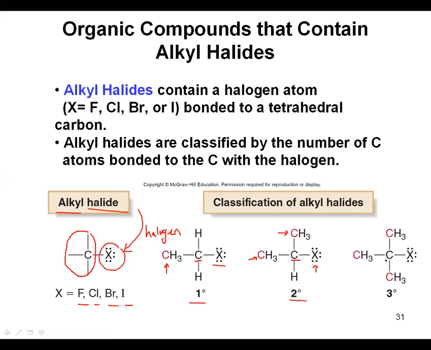And this carbon is attached to 3 carbons, which would make it a tertiary alkyl halide. So you can number alkyl halides, which again is just a fancy word for an alkane that has a halogen in place of a hydrogen.